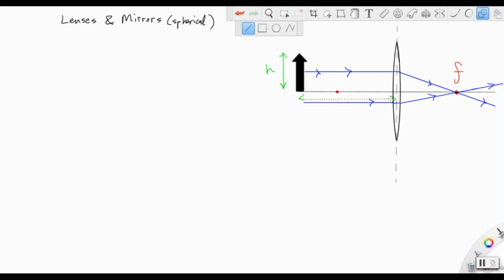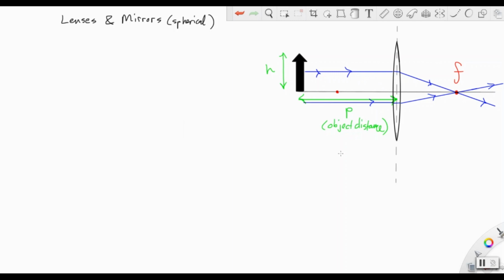So I'm going to take the middle of this thing and represent its distance away from the optical plane, the middle of this lens here, okay? That distance is going to be called P, the object distance. Now that I know the height of my object, I know the location of my object with respect to the middle of the lens.